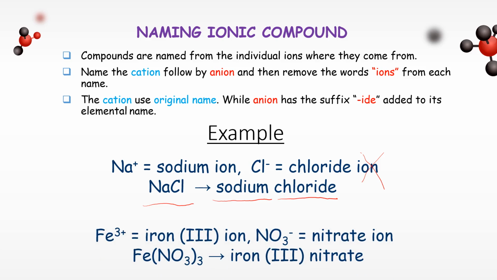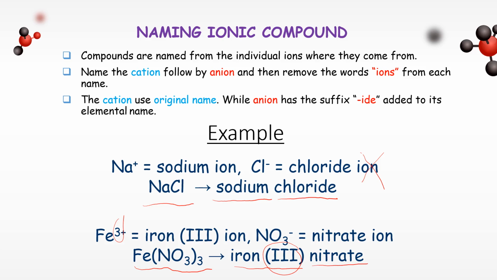Another example here, we have Fe3+, the transition metal, as the iron(III) ion, and NO3- as the nitrate ion. So we combine these two, becoming Fe(NO3)3. So the name of this compound is iron(III), because we have this 3+ charge, and the nitrate also remains the same.